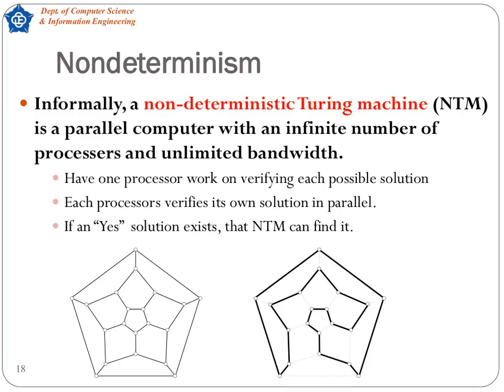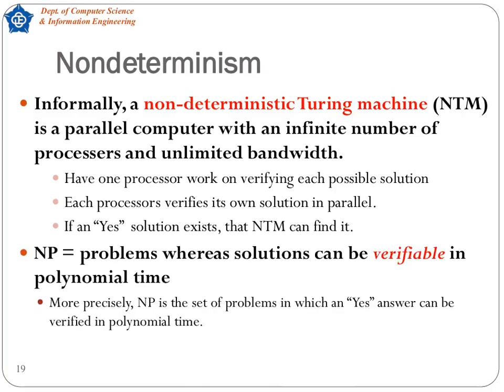Building on that idea, let's introduce non-determinism in computation. Informally, you can think of a non-deterministic Turing machine as a parallel computer with infinitely many processors and unlimited bandwidth. Each processor explores a different candidate solution at the same time, checking it independently. The moment any one of those processors finds a valid yes answer, the machine as a whole accepts.